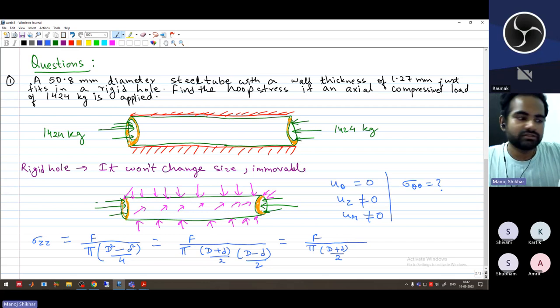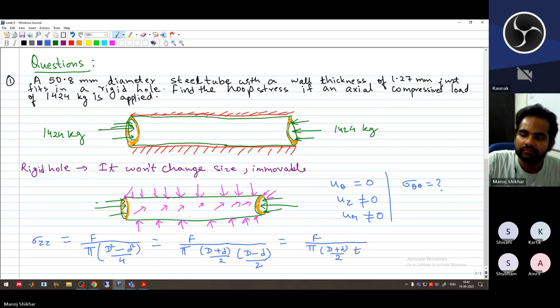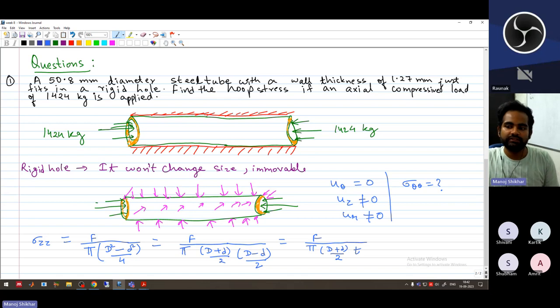And what is this (D minus d) by 2? This is thickness t.